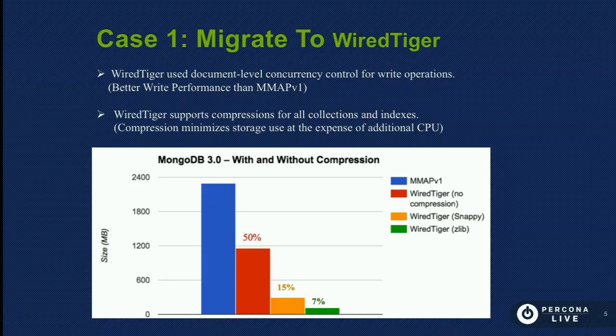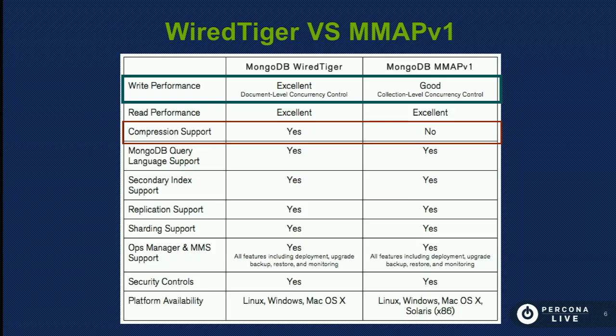But wiredTiger will use more CPU to compress and decompress data from disk to memory, so your load will increase. So this is the comparison between wiredTiger and mmap. For write performance, wiredTiger uses document level locking, while mmap uses collection level. For compression, wiredTiger supports it, mmap does not.